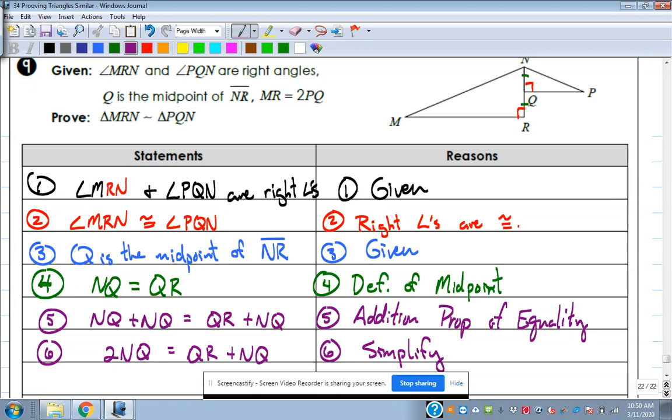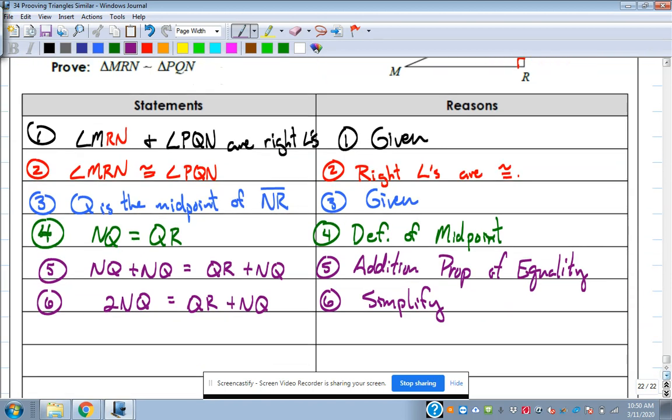All right, now NQ plus QR is equal to what? Okay, so QR plus NQ equals NR.